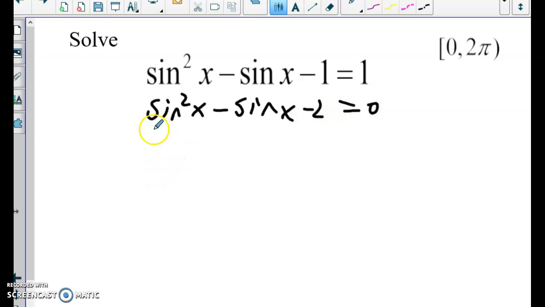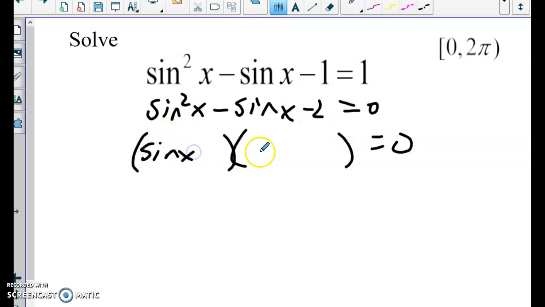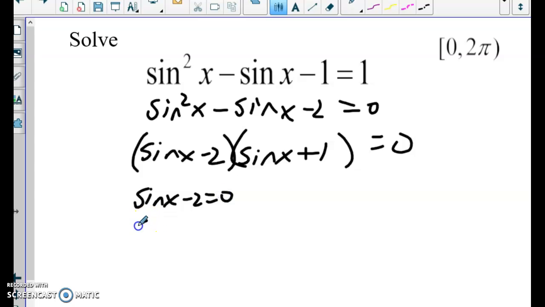Get it equal to 0. And now I'm going to factor it into sine times sine and minus 2 and plus 1. Well, I know that the sine of x is never equal to 2, so we know that there's no solutions from that one.